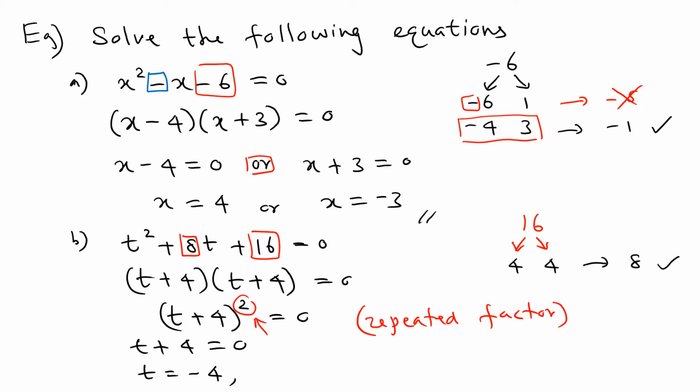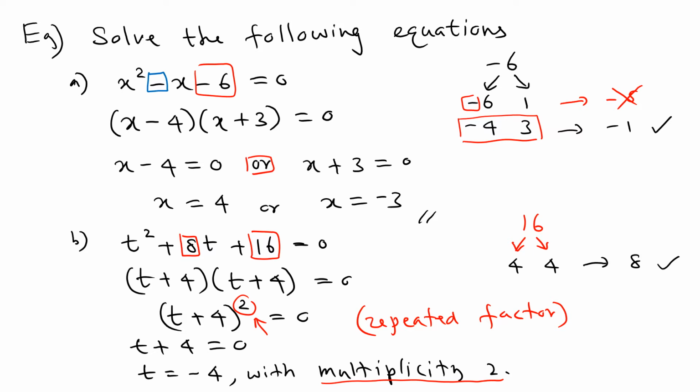So we say multiplicity 2. That's how you solve the problem using the factor method.